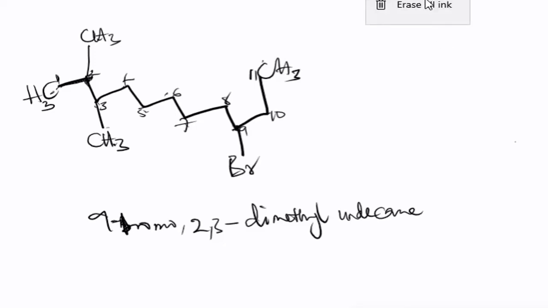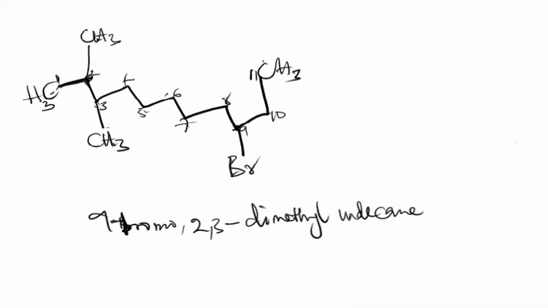So for the next rule, if a specific substituent occurs as a branch more than once in a compound, the reoccurrence is indicated with the Greek prefixes di, tri, tetra, penta, hexa, hepta, octa, nona, and the rest.